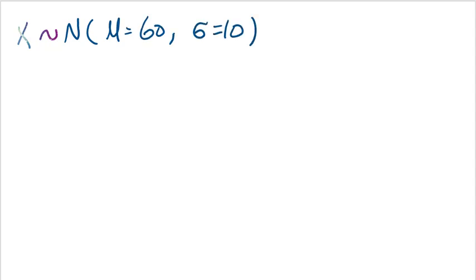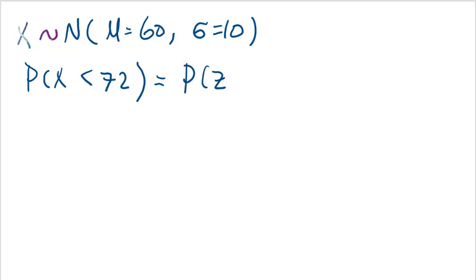Now we want to know what's the probability of x less than 72. So we know that x is normally distributed. Mu is equal to 60, sigma is equal to 10. Probability of x less than 72 is equal to probability of z.